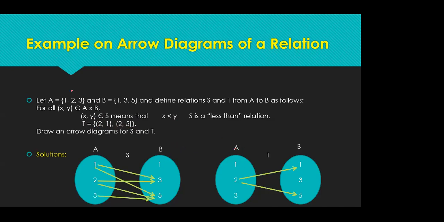So in the given set, which is 1, 2, 3, we're just going to satisfy this condition: (2, 1) and (2, 5). Gets? Before we can draw the arrow diagram. So, any questions here? None, sir.